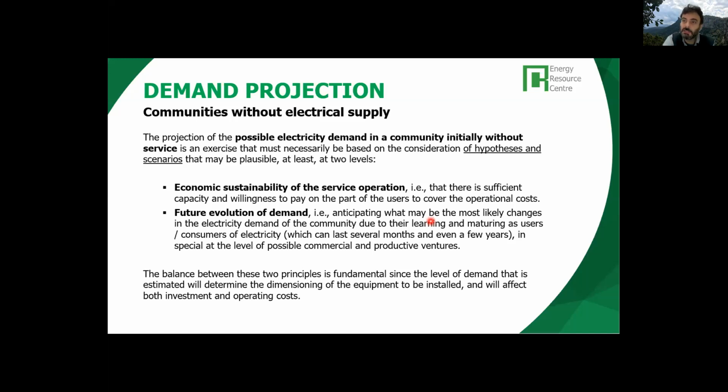So we can anticipate some kind of growth, or some changes, some variability. Obviously, we need to anticipate that when we design the project. Balancing these two principles is fundamental: economic sustainability and the evolution of demand in future scenarios.